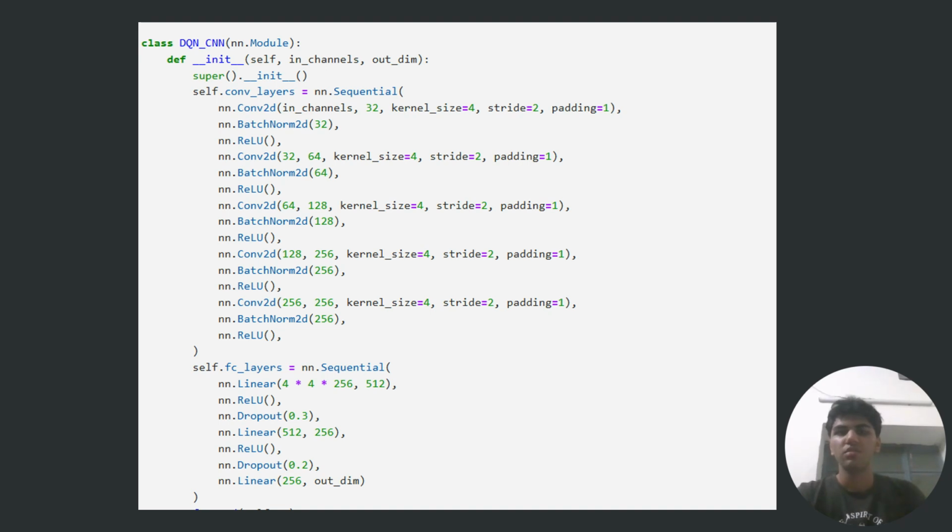After these convolution layers, the output is flattened and passed through a few fully connected layers for each beam angle. The final output represents Q values for all 36 possible beam directions, essentially telling the agent which angles are most optimal given the current dose distribution. In simpler terms, this CNN acts as the agent's vision system, allowing it to interpret patient anatomy and dose patterns before making its next decision.